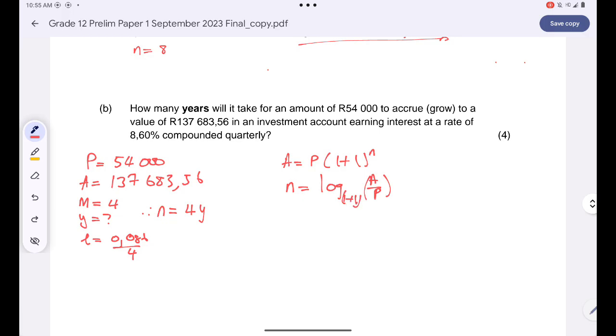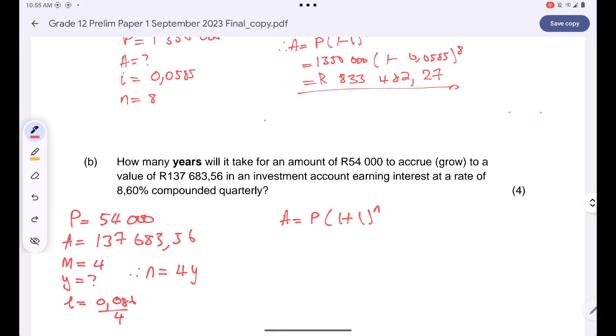Just to make things simple, guys. But obviously, since you're being marked to calculate, just keep this in mind: n will be equal to the log of A over P, and the base is 1 plus i.